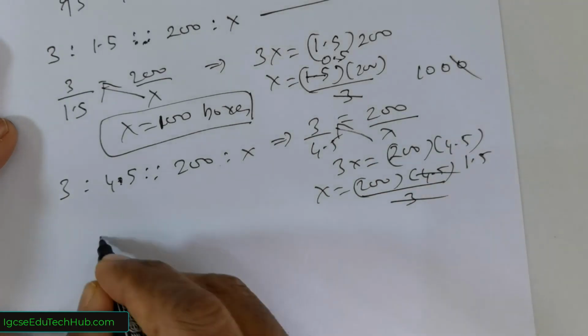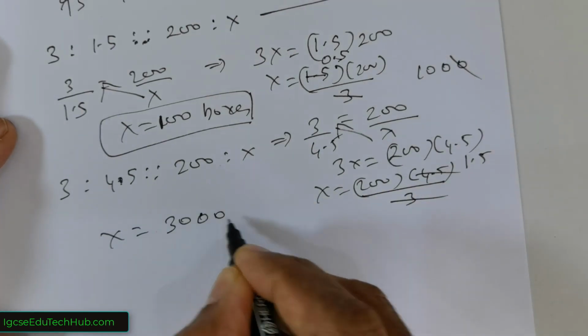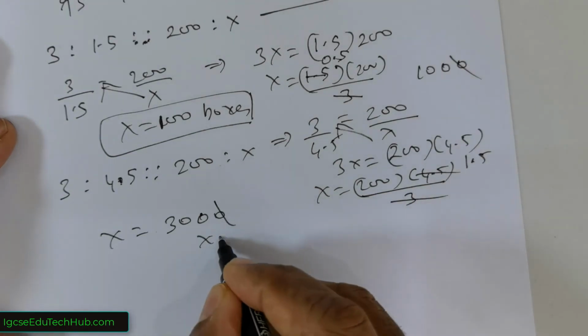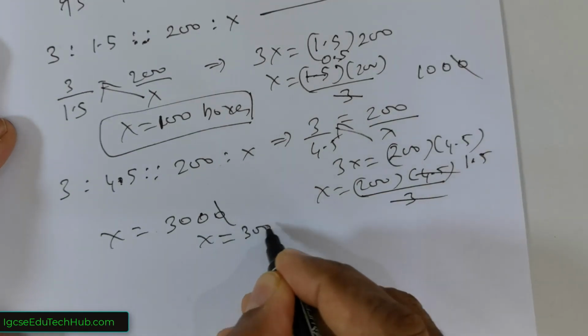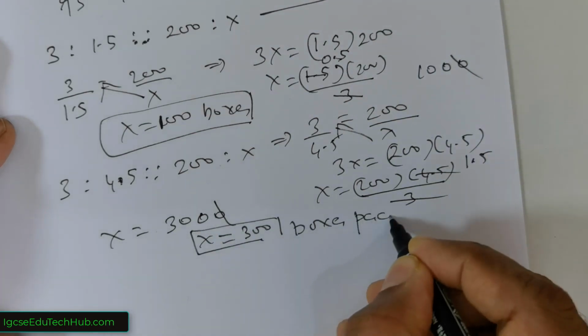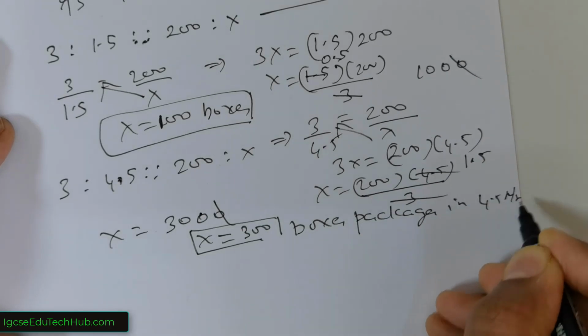So you multiply by 200, you get 30 and 2 zeros. After decimal you have a digit, so you move that, x off, 0 off. So x is equal to 300 boxes packaged at 4.5 meters per second.